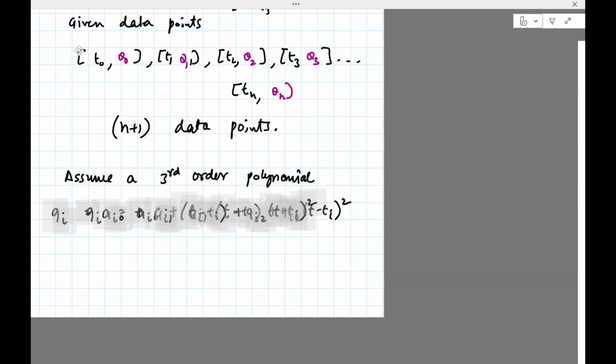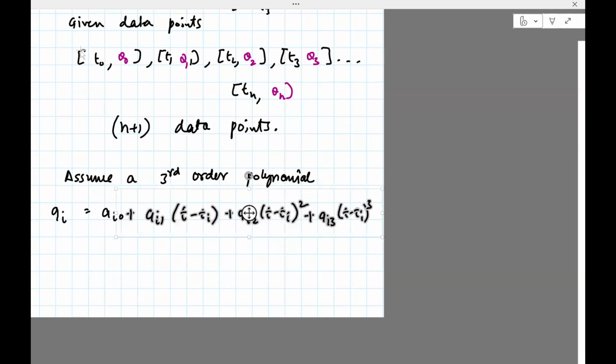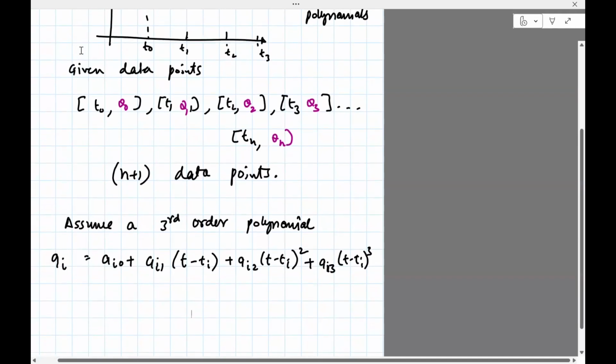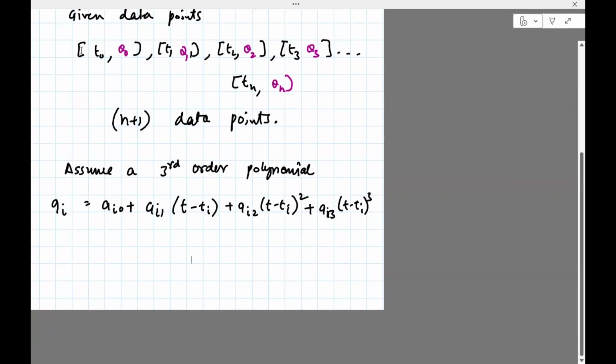The specific choice will save us one constant, as you see. This will make it pass through the points theta i and theta i plus 1. When you put t equals ti, all the terms except the first one cancel, so it makes it easy to eliminate some of the constants. So this is what we assume for each segment.